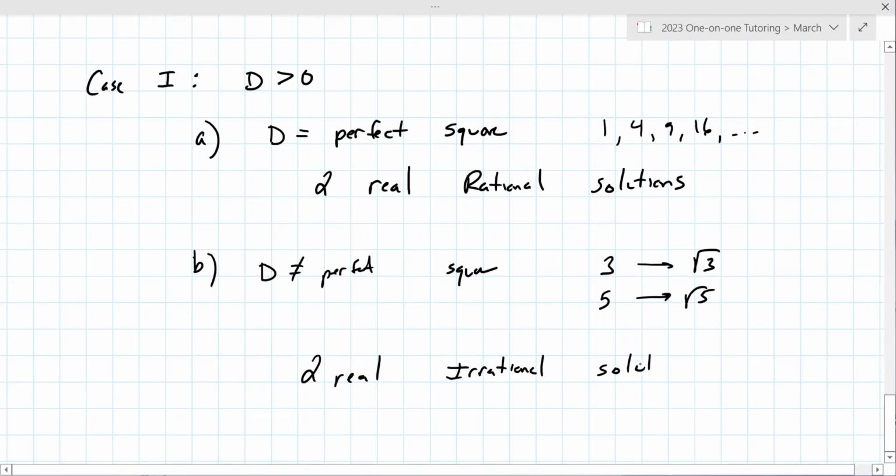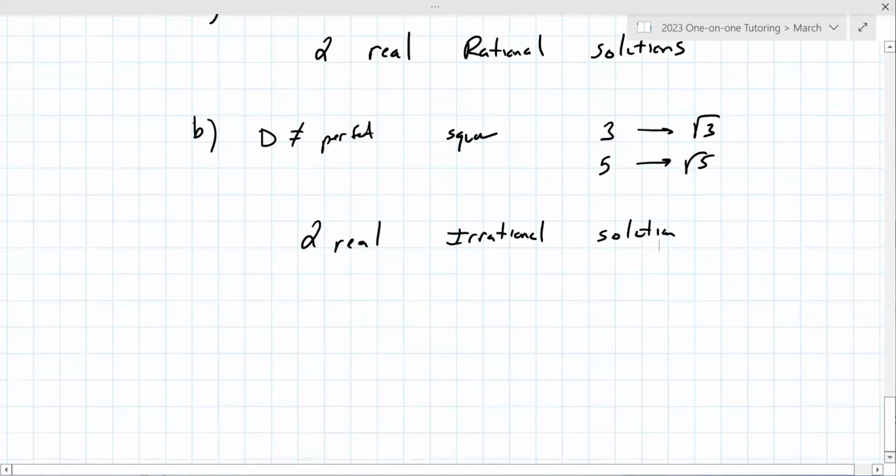So I'm just adding in this irrational business, but typically they want you to know there are 2 real solutions. Case 2 is that the discriminant equals 0. This gives you a single real rational root, but it's repeated.